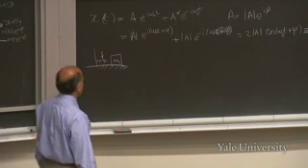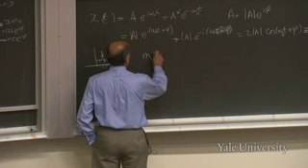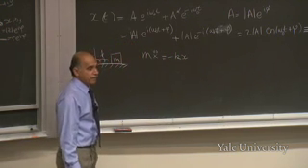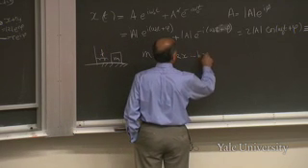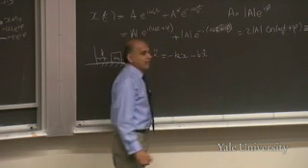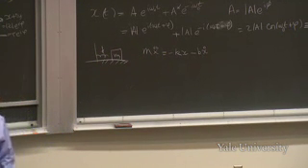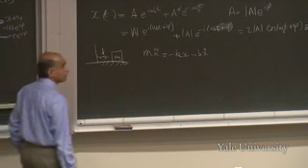The minute you have friction, you have an extra force. So you find m x double dot equals minus kx, which is the old force due to the spring. Friction also exerts a force, which has some coefficient b, but it's multiplied by the velocity. We know that. If you're moving to the right, the force is to the left. If you're moving to the left, the force is to the right. Frictional force is velocity dependent.